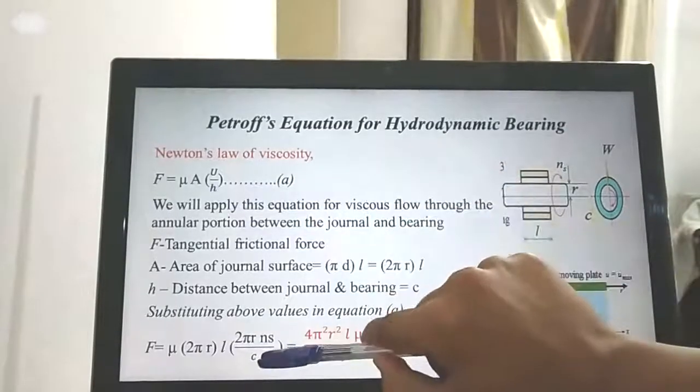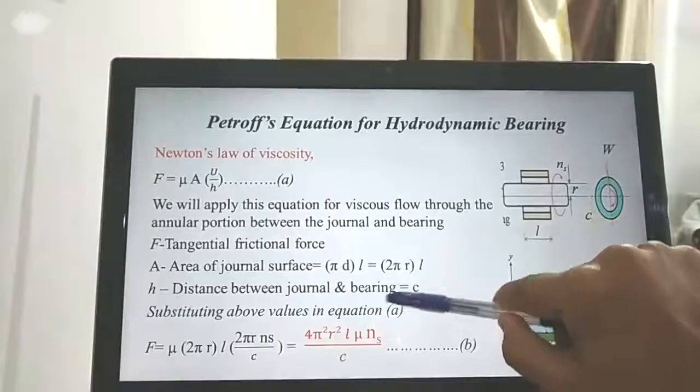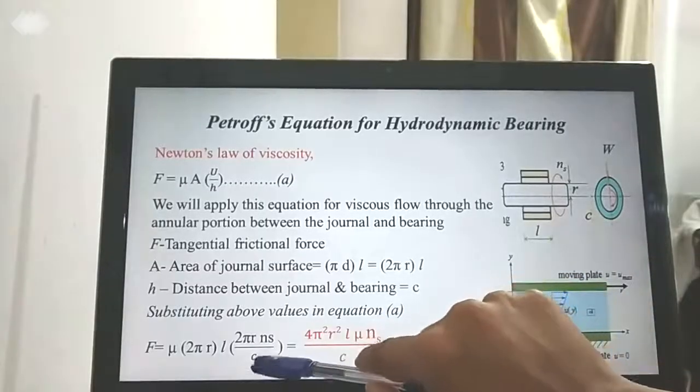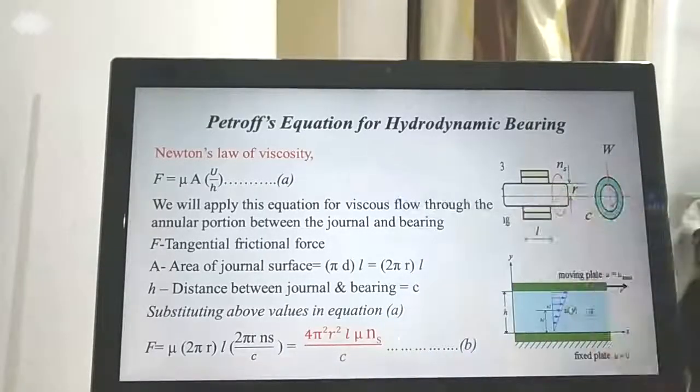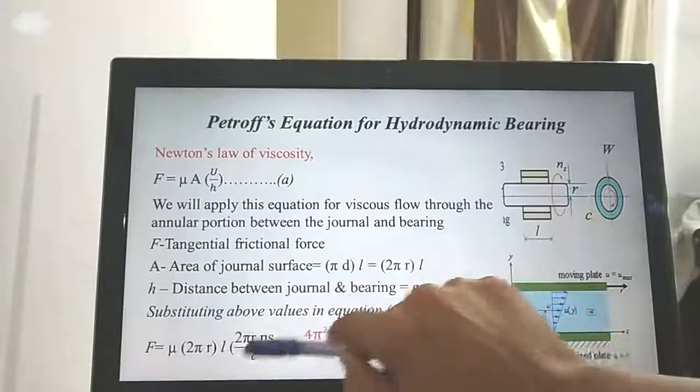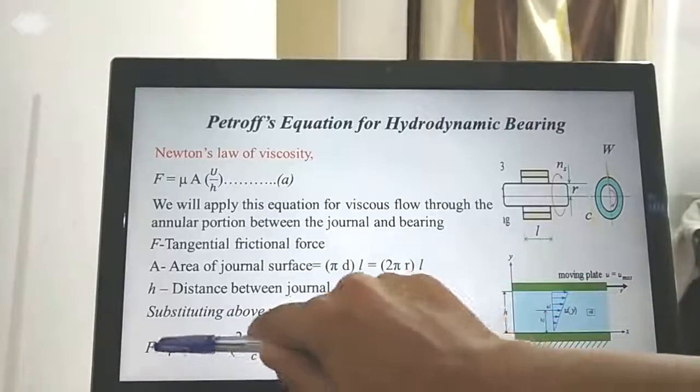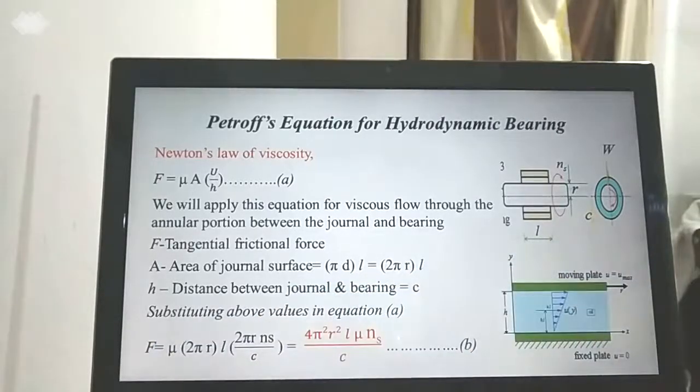H is the distance between journal and bearing, equal to C. After multiplying the terms we get F, the tangential frictional force, equal to 4 pi square r square L mu ns divided by C.